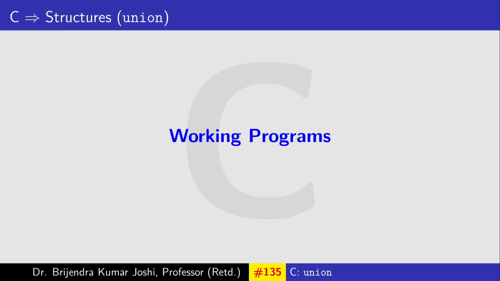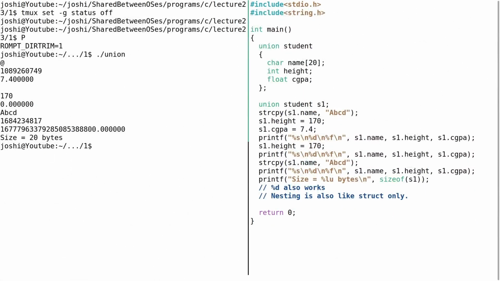Let us see some working programs. In this program, what I have done here is I have declared a union named student with 3 members. One is name of size 20 characters, height of type integer, and CGPA of type float.